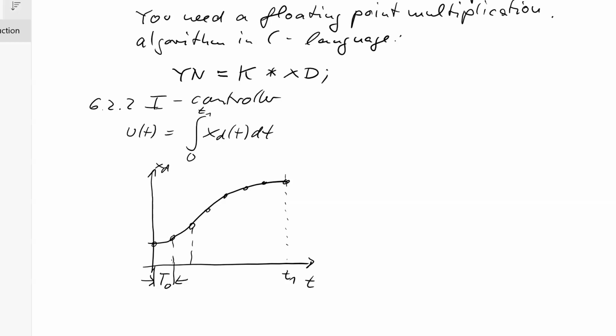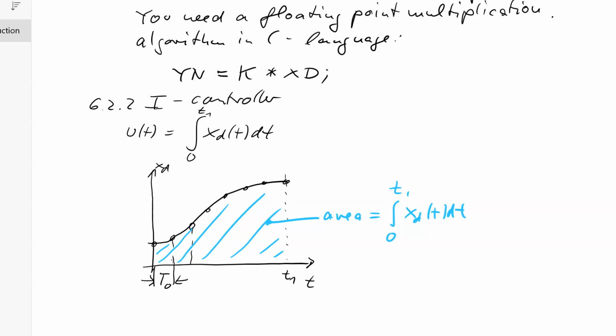So I can make an indication of this. The area is the integration from 0 to t1 of xd of t dt. That's the analog integration.